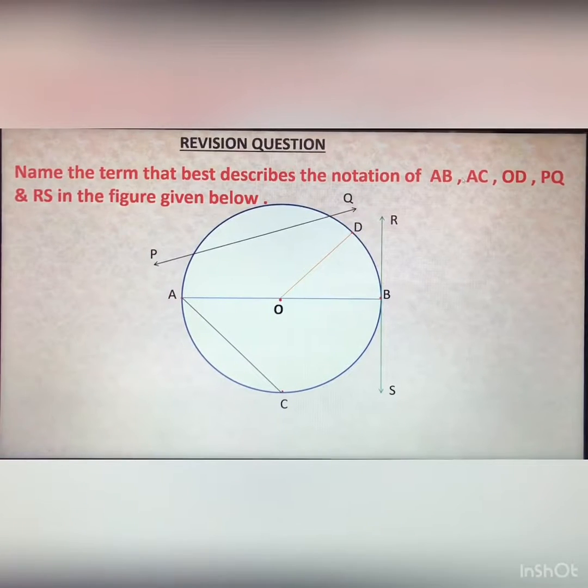And AC, what will you call AC? Yes, AC is a chord of a circle. And after that OD, OD is the radius of the circle. And PQ, PQ is the secant of a circle. And lastly RS, yes, RS is the tangent of a circle.